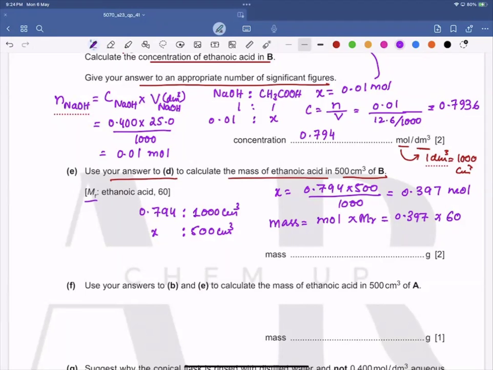So can anyone calculate and tell me the answer, please? You are getting 23.82, right? So if we write it to 3 significant figures, it stays 23.8.